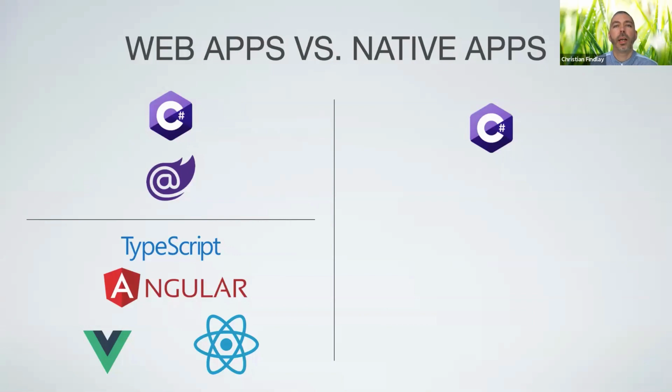These are the pretty common single page application technologies, and usually people are using them with TypeScript, also JavaScript. But Blazor gives a different option to build those applications in C#.